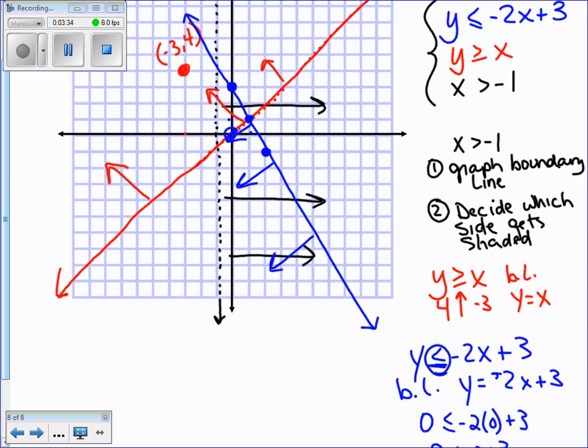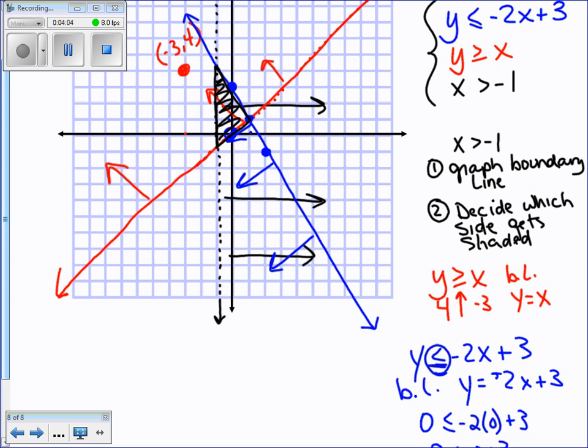Now what I'm looking for is where all three things got shaded. So I see black shading, I see blue shading, and I see red shading. So that is probably going to be in this little triangular area right here, where all three things have been shaded.